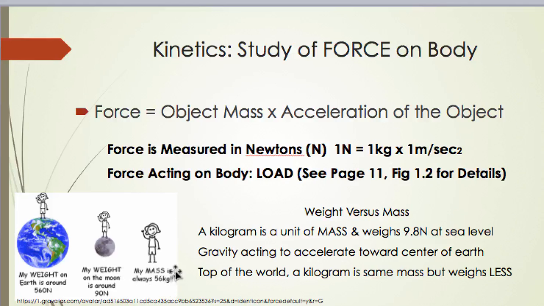As this picture shows, their mass is always 56 kilos. It just depends on where they are. So that's the difference between mass and weight. We're going to have less weight when we stand on the top of Mount Everest than when we're standing on the seashore in New Jersey.